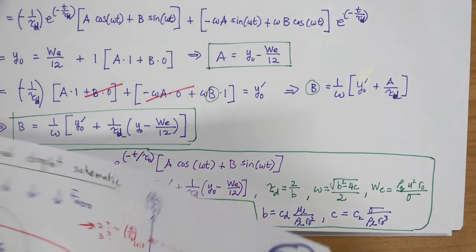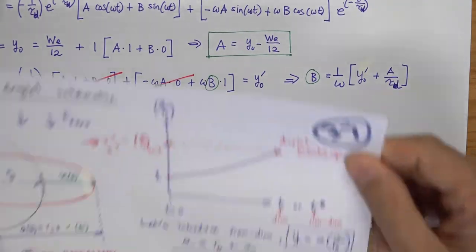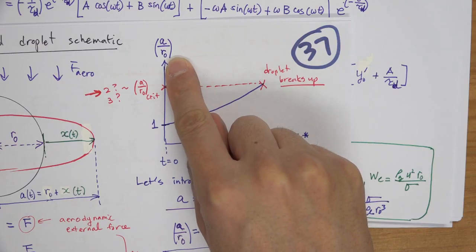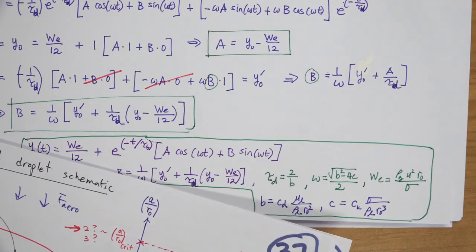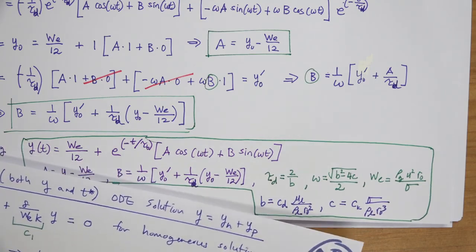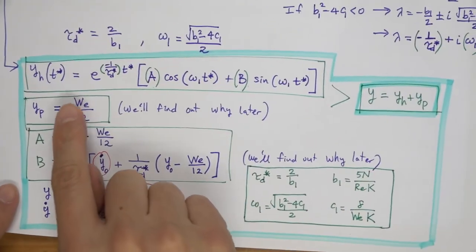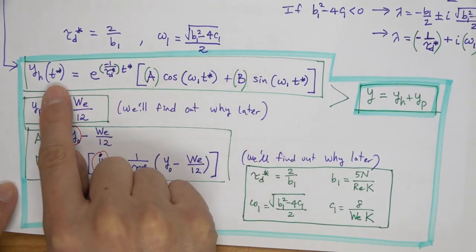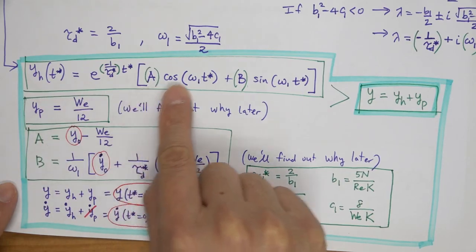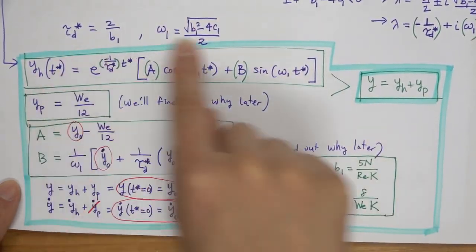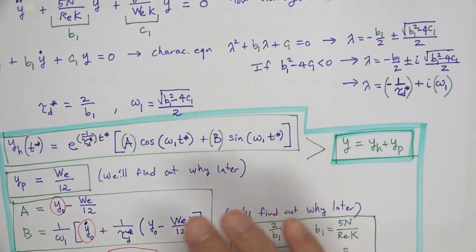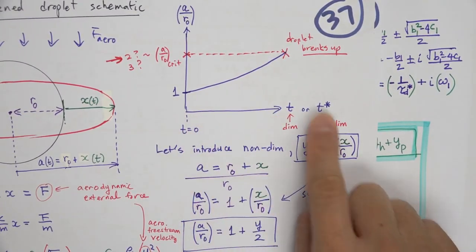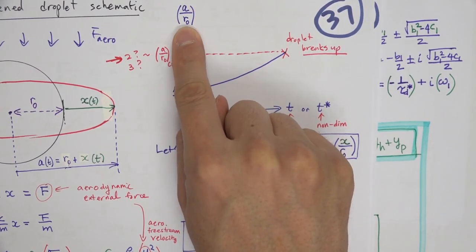If you draw this, on the x-axis you have dimensional time, and on the y-axis you have a over r0. Now, if you draw the pretty much same equation, but where not only y but also t is non-dimensionalized, and plot that one right there, then on the x-axis you have non-dimensional time, and on the y-axis you have this a over r.